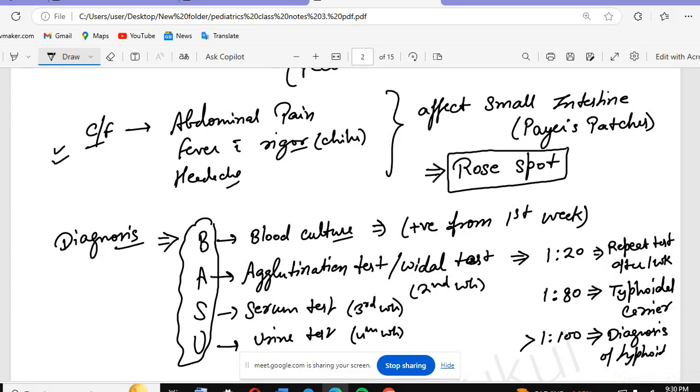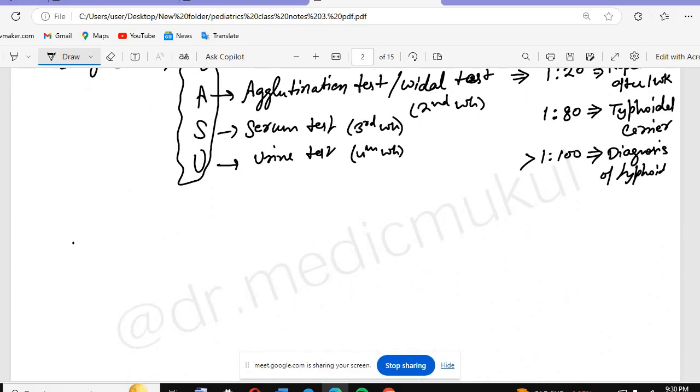Okay. After that, if you want to know the treatment, remember, you can go for ciprofloxacin basically, or you can go for ceftriaxone. Ceftriaxone is used in regions where a drug-resistant strain of typhoid is present. There are some specific regions where typhoid is resistant to ciprofloxacin or azithromycin.